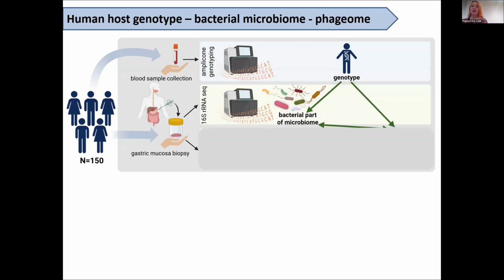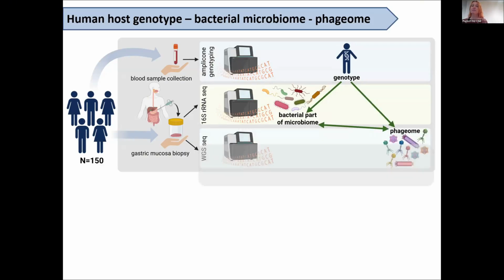In the same patients, gastric biopsies were used to investigate the bacterial part of the microbiome and also the phage part of the microbiome. As you see, there is a kind of triangle of interactions of three parts, because of course phages should not be analyzed all alone. They should be analyzed in the context of the bacteria that are in the same individual.